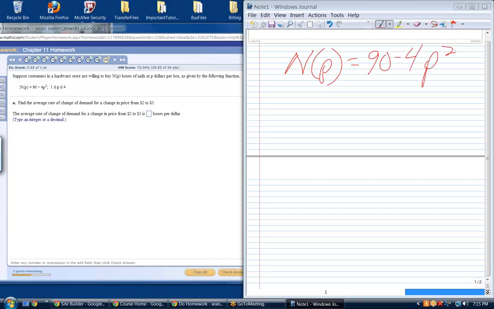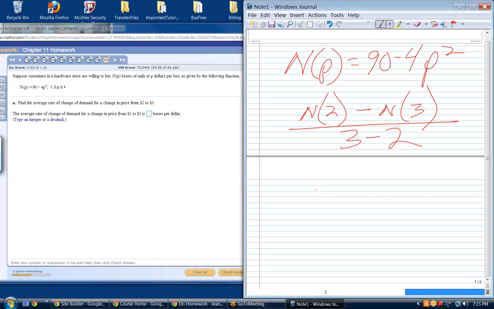Okay. We're going to take the change in the function, in other words, n of 2 minus n of 3, and divide it by 3 minus 2, the difference between these two. The numerator is the difference of the function evaluated at these prices. The denominator is just the difference of the prices. So what's n of 2? Is it 90 minus 4 times 2 squared?